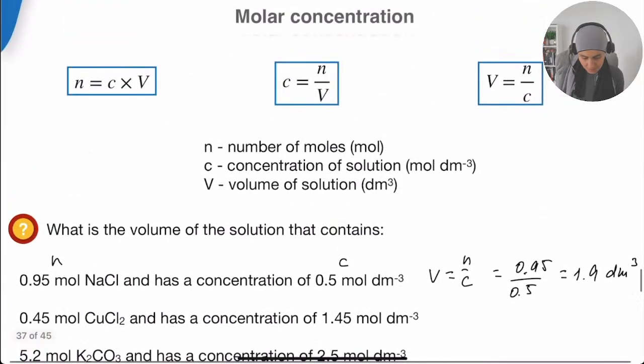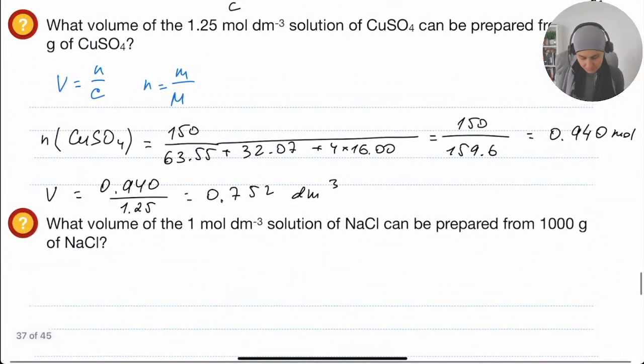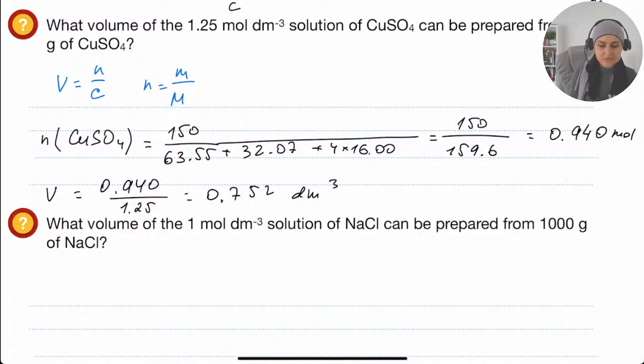And if they asked, for example, to convert it to cubic centimeters, to convert from cubic decimeters to cubic centimeters, you multiply by 1,000. So 1 cubic decimeter contains 1,000 cubic centimeters, so that's 752 cubic centimeters.